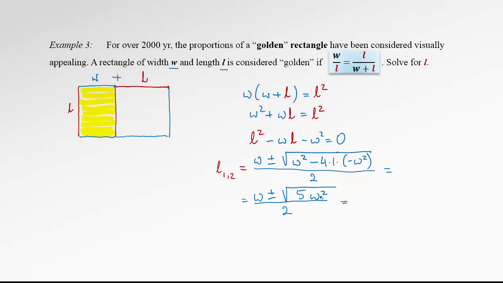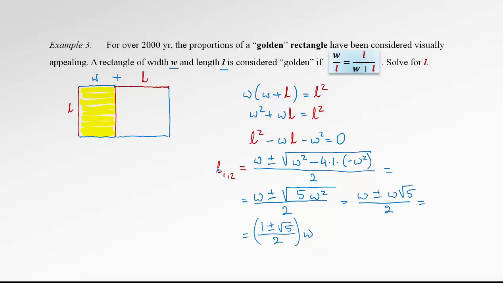And now we can take W out of the root, so we end up with W plus minus W root 5 over 2. Now, if we factor the W outside of this whole expression, we end up with (1 plus minus root 5) over 2 times W, isn't it?